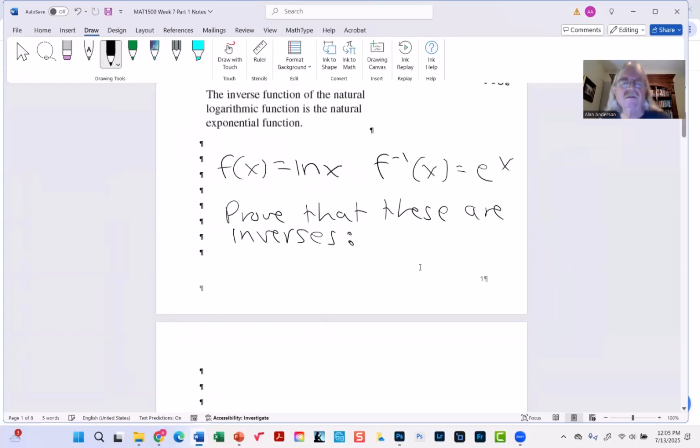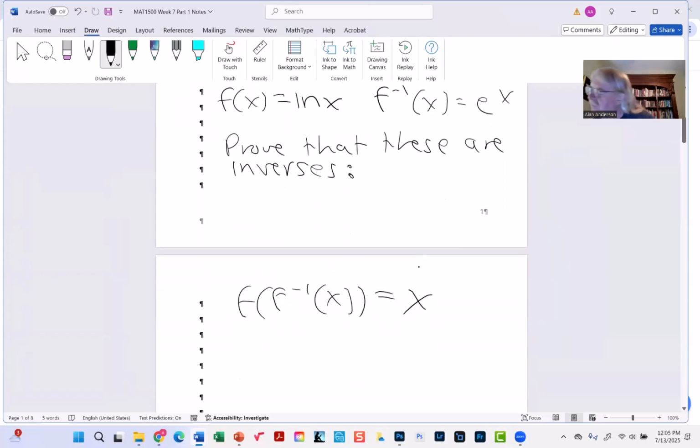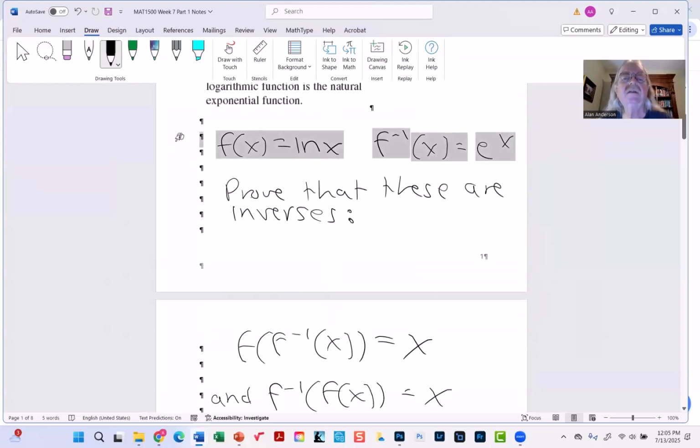All right. So in other words, we have to show that f of f inverse of x is equal to x. And in addition to that, f inverse of f of x is also x. All right, so we can do that right now.